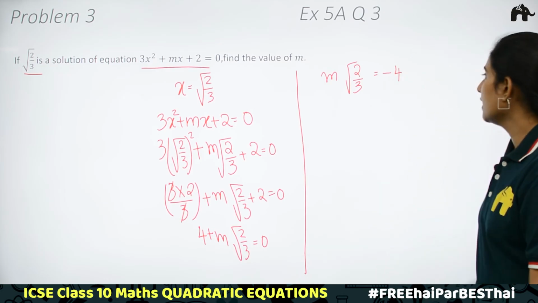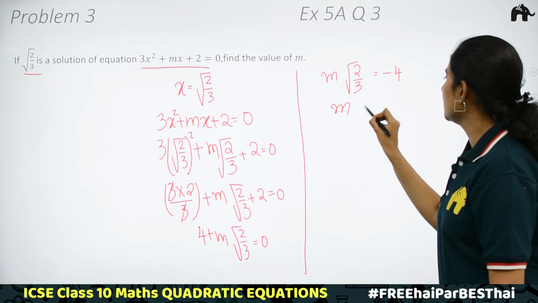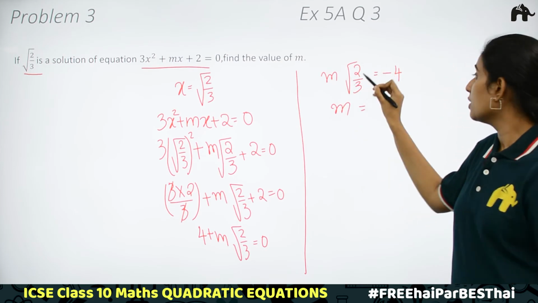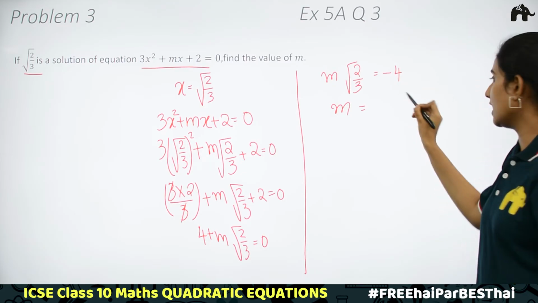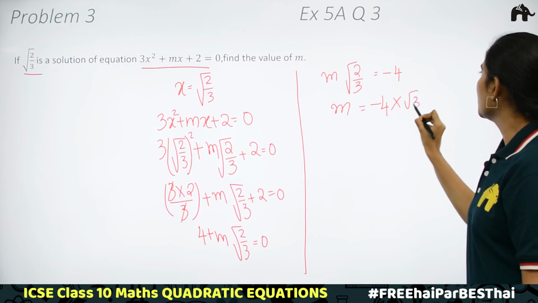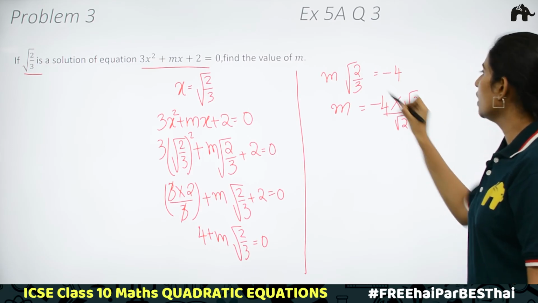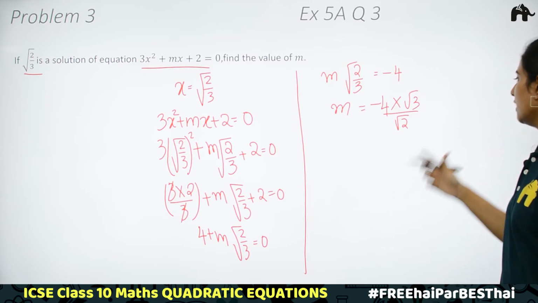Clear? Now we need to find the value of m. That is, take the reciprocal of root of 2 by 3 and multiply in the RHS. That is minus 4 into root 3 by root 2. Root 2 by root 3, the reciprocal is root 3 by root 2.